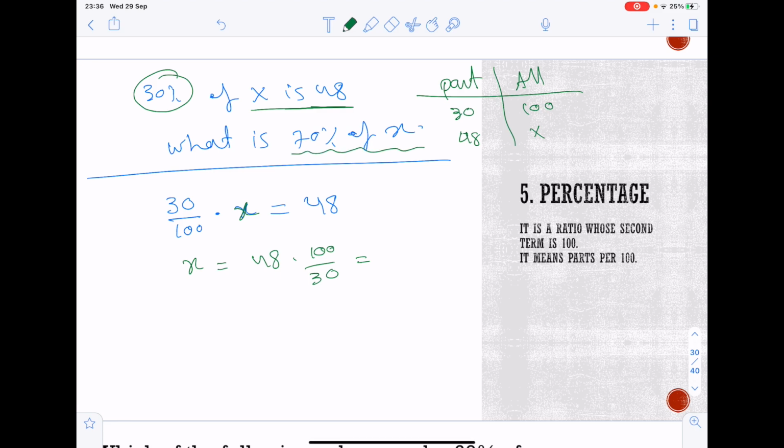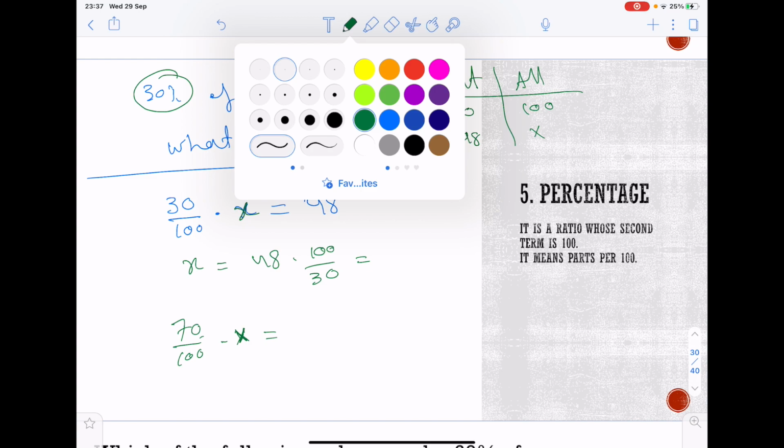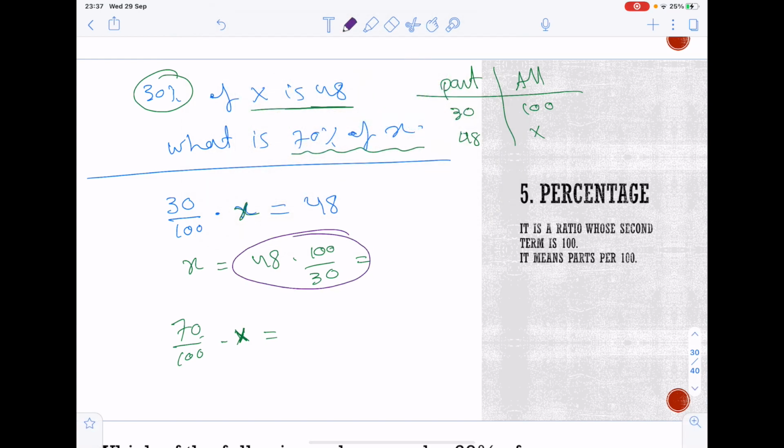So 70% of x. What is 70%? 70%, so 70 out of 100 of x equals what? So I will just substitute x with the value that I just found over here.